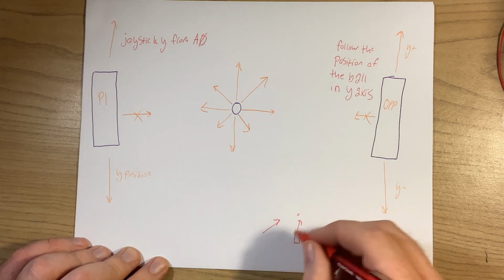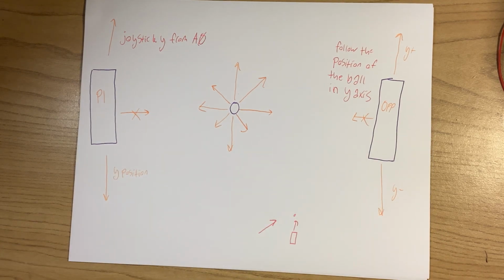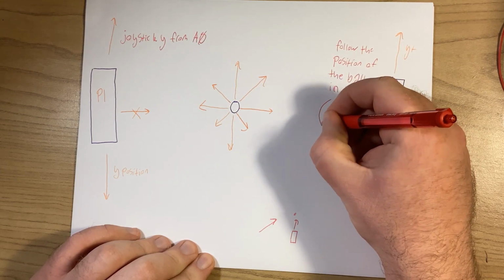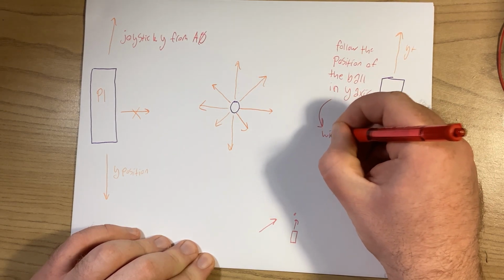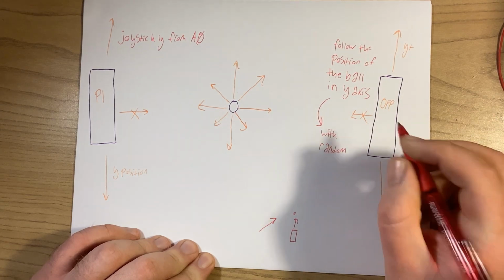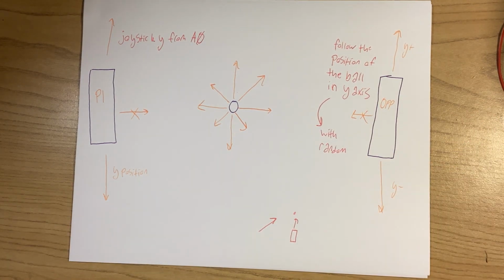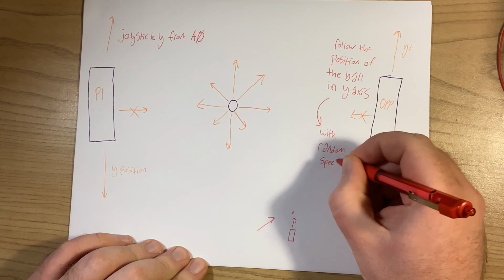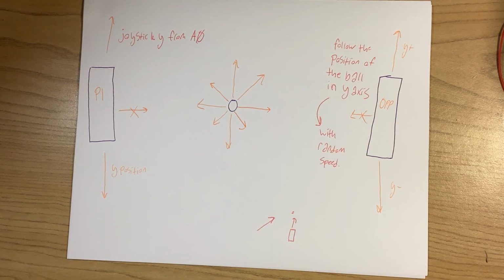That being said, I don't want it to follow directly, because if it does that, there's no chance for the player to win. So we're going to modify this with random speed.